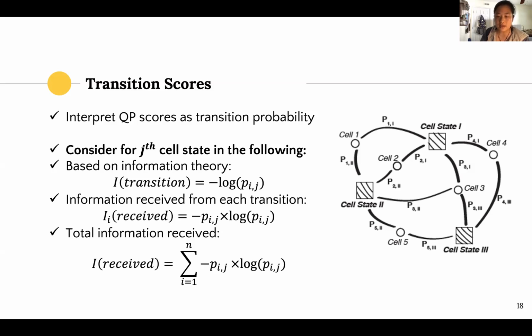The total information received by each cell state can then be represented by the sum of the transitions that are entering or leaving the cell state. Using this transition score measure, we are able to see what the flux is and how dynamic each cell state is.